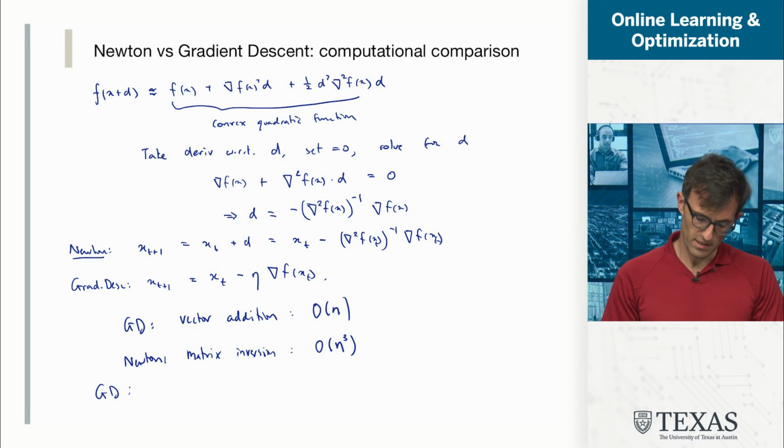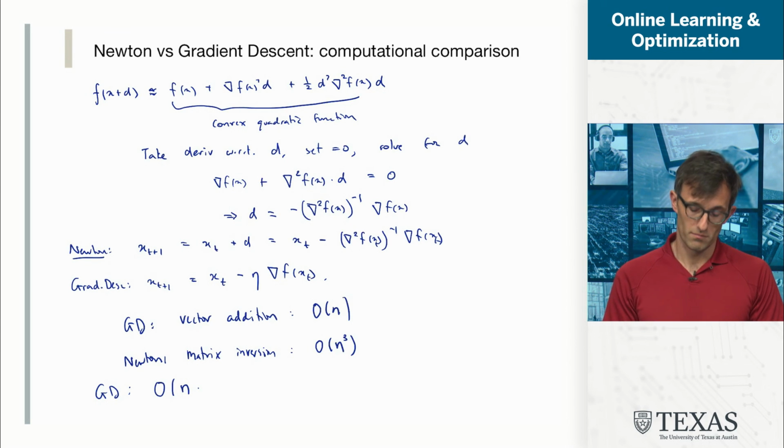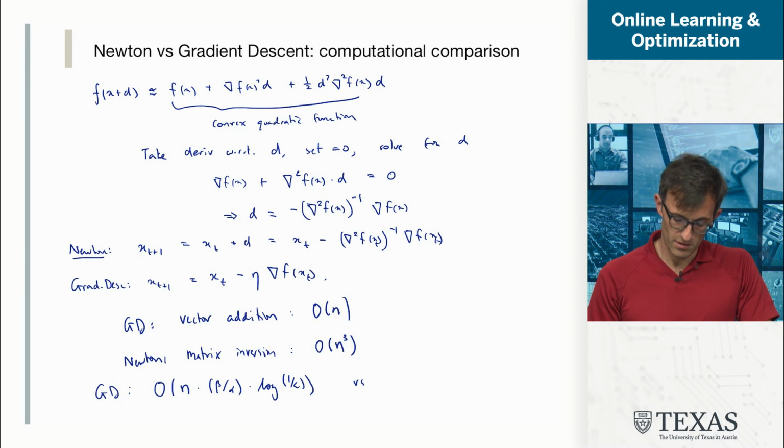Gradient descent requires order n, the number of computations for one step, times the number of steps I need, beta over alpha times log 1 over epsilon, versus Newton, which is order n cubed times log 1 over epsilon.